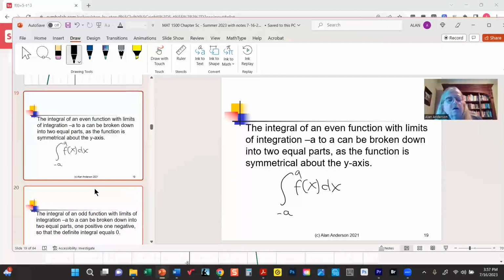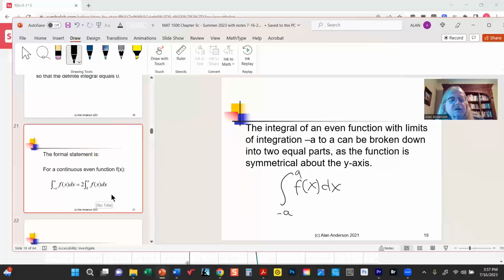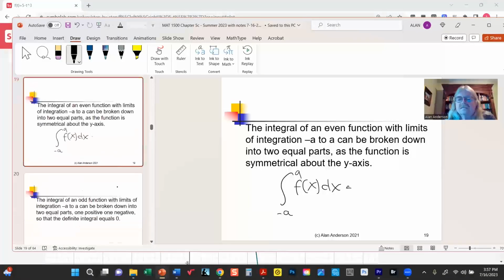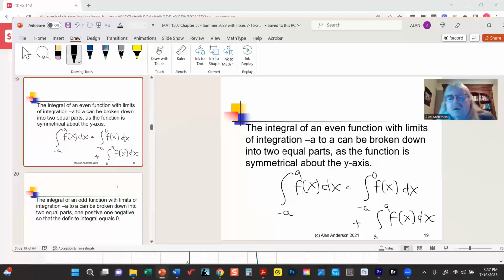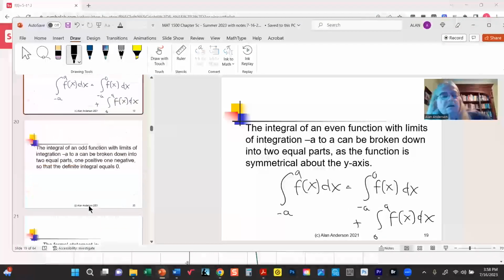How do we do that? We can break it down with respect to 0. So in other words, what we can do is rewrite it as two integrals, but because of the symmetry with respect to the vertical axis, these are both equal to each other.